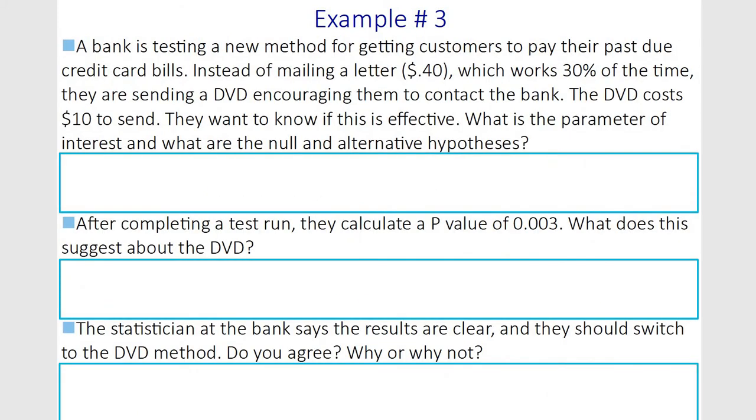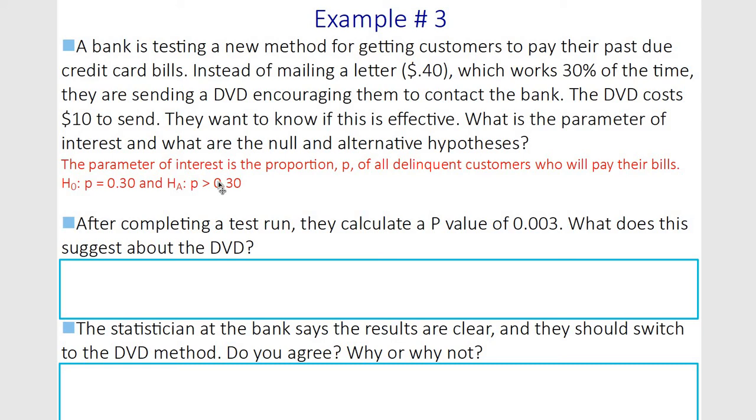Okay, let's try example 3. So why don't you pause this, read this, get used to the question. Okay, our parameter of interest and the null and alternative hypotheses. So, the parameter of interest is the percentage of delinquent customers, who haven't been paying their bills, past due.